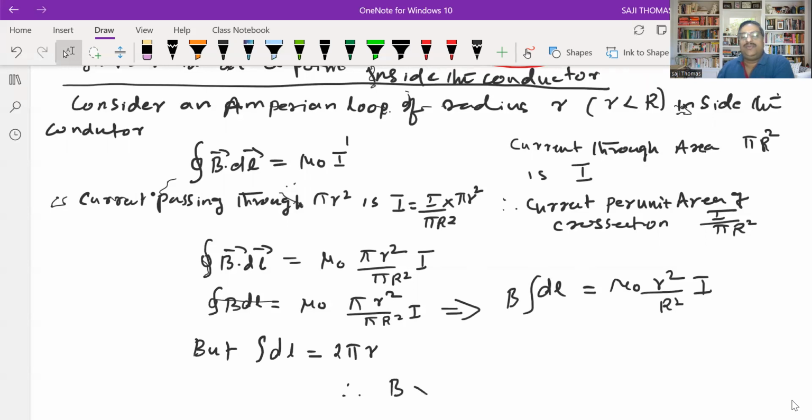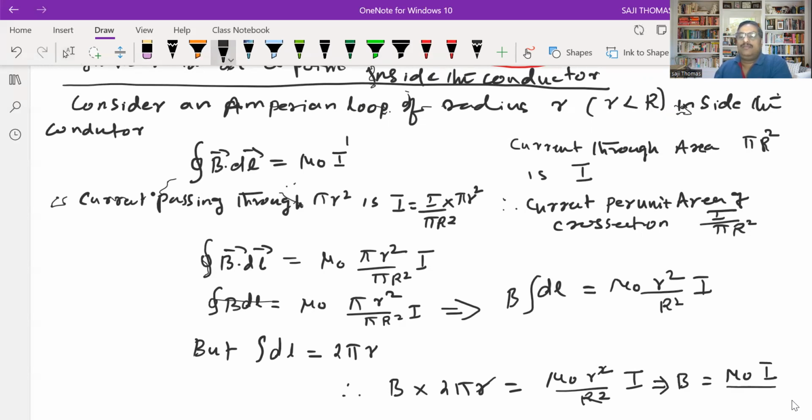Therefore, B into 2 pi r equals mu 0 r square by capital R square into I. One small r you can cancel, and you will get B as mu 0 I into r divided by 2 pi R square.